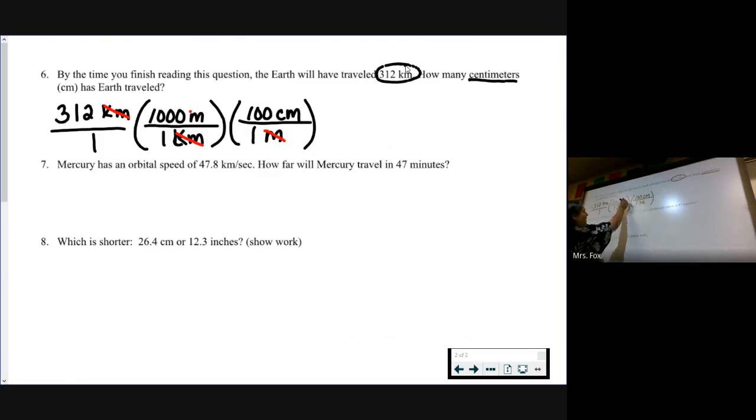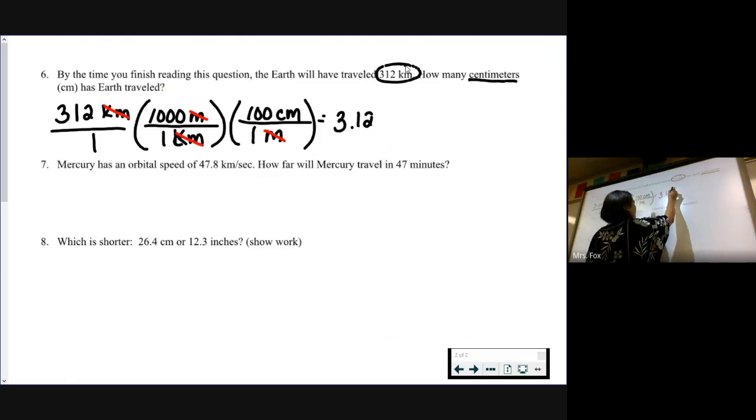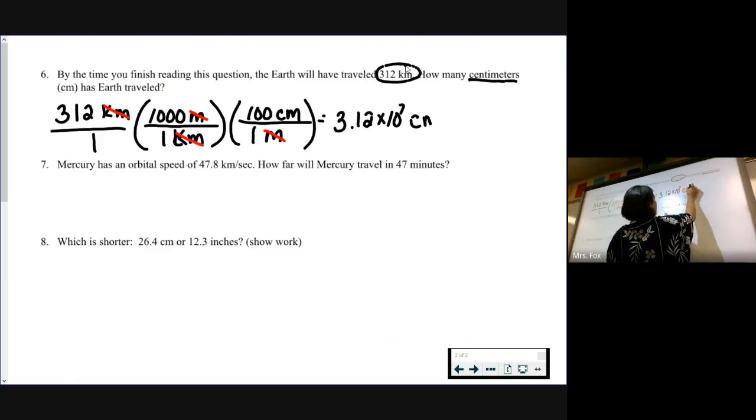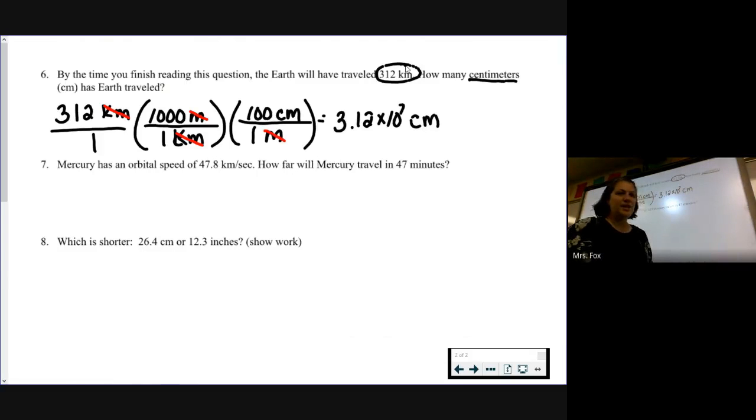Diagonal cancel. Then we're going to multiply across the top. And we should get 3.12 times 10 to the 7th centimeters. I put it in scientific notation because that's pretty large.